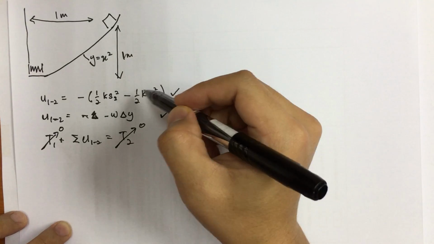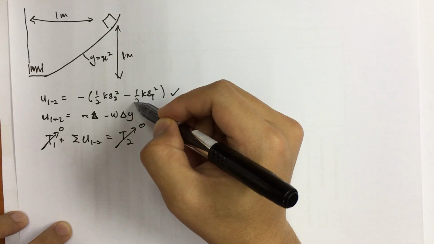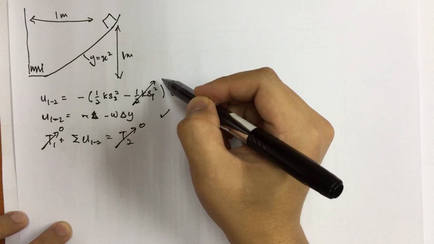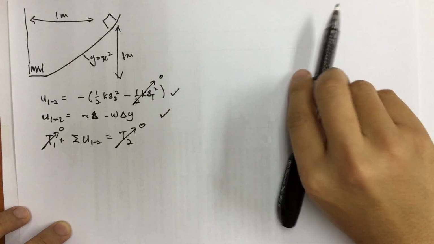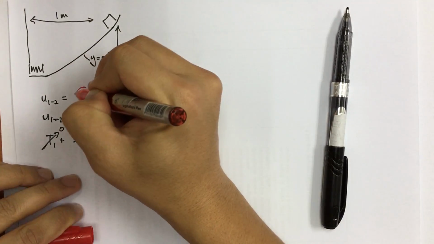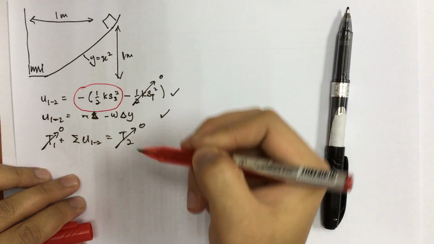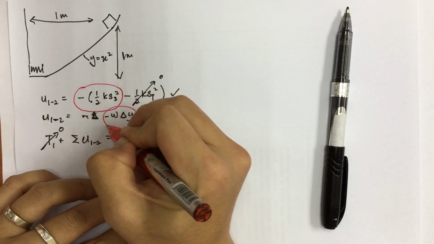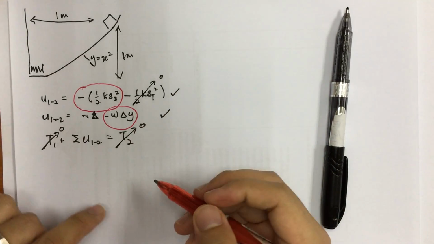The initial spring distance is equal to 0. So we are going to be left with this for the spring, and this for the potential energy.